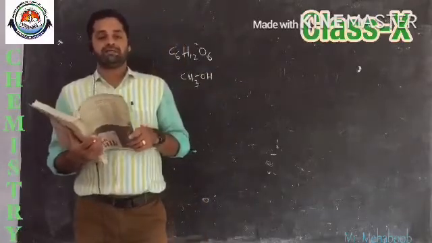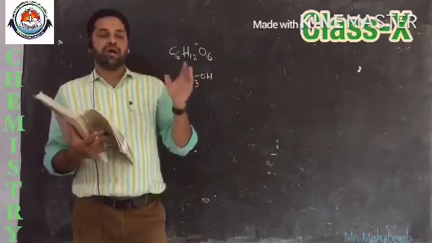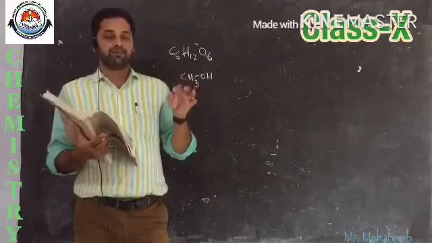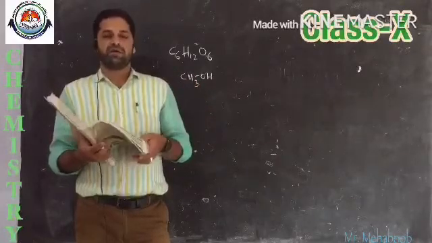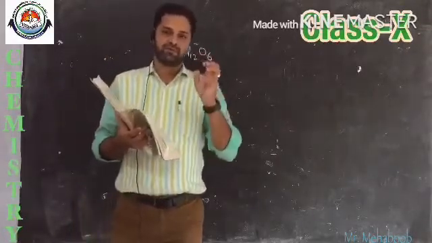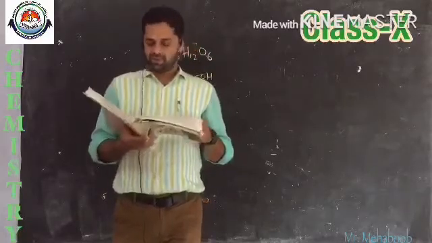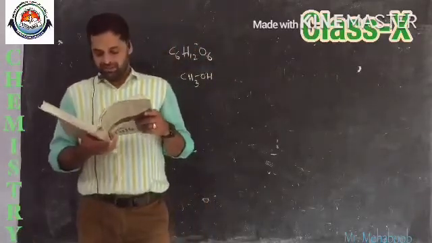With dry litmus paper, there is no action or color change, but wet litmus paper changes color. That is because of the presence of water. So only in the presence of water do they ionize.